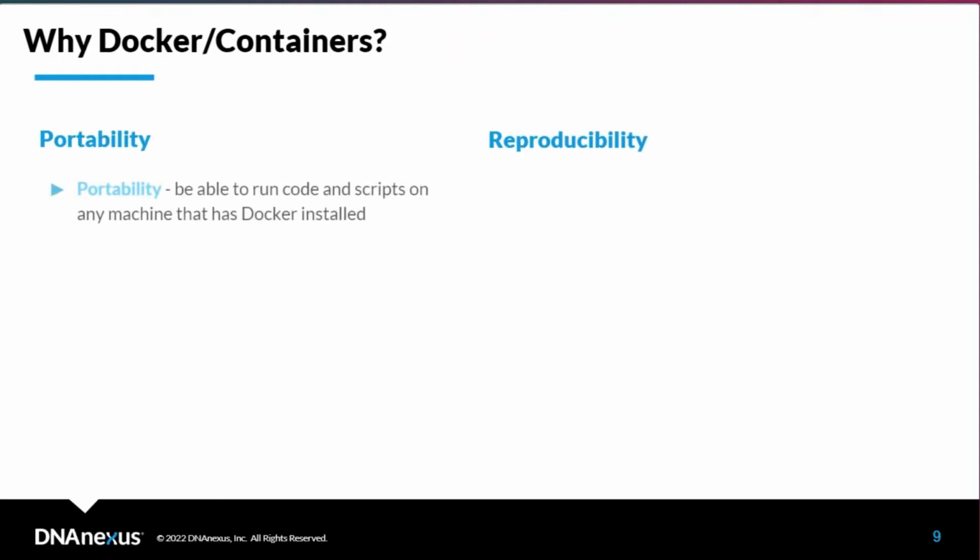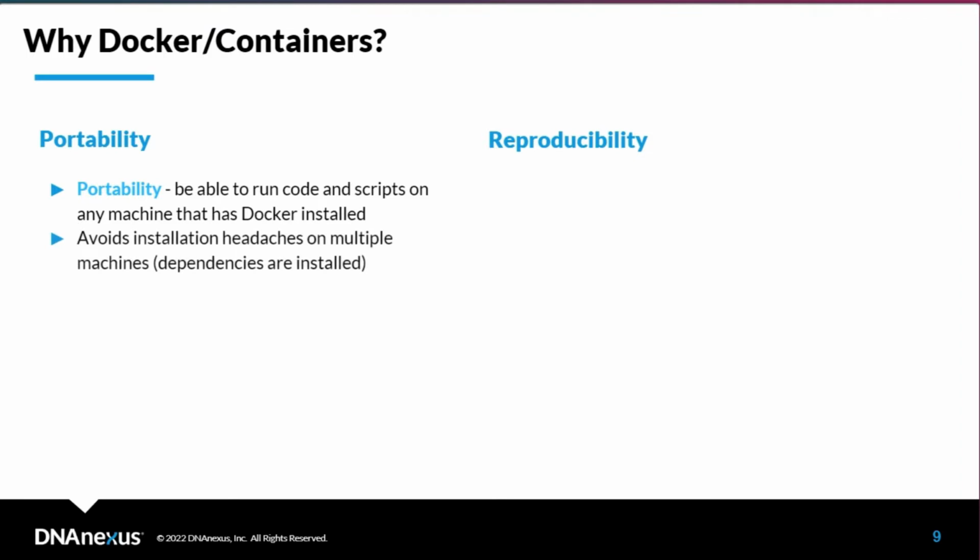Let's talk about the motivation for Docker. Number one is the idea of portability. With Docker, the software environment is such that you can run code and scripts on any machine that has Docker installed. This is really important for cloud-based work, because you avoid the installation headaches of running things on multiple machines.